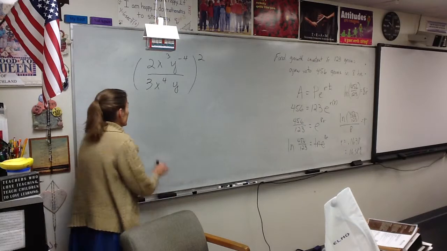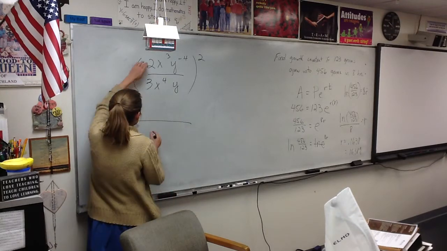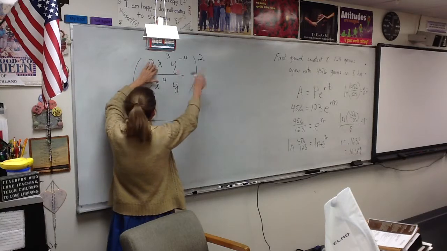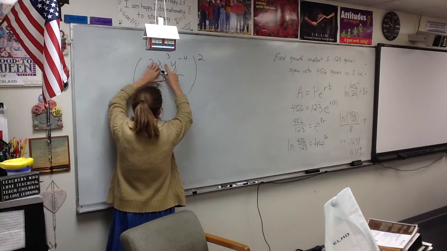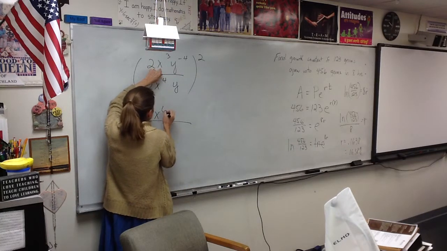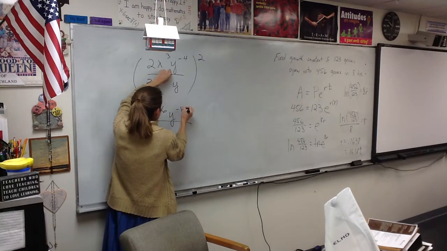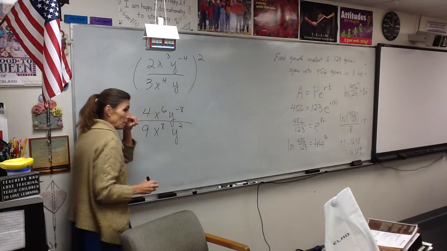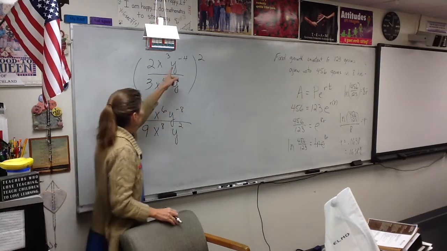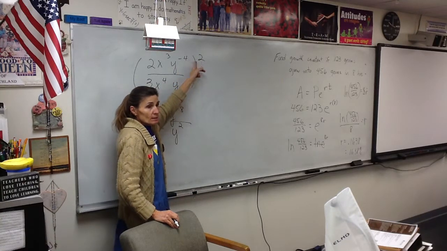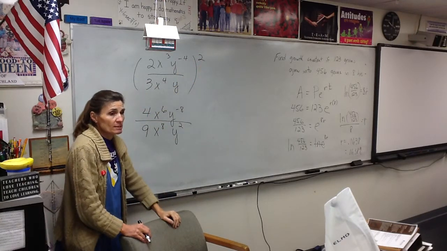Squared everything. So if we square, we get 4 and 9. Those are our numbers. Now again, just like before, if you have a power to another power, you multiply. So that x to the 6th, y to the negative 8, x to the 8th, y squared. When you have a double power, you multiply the exponents.